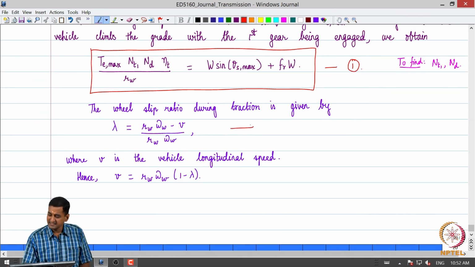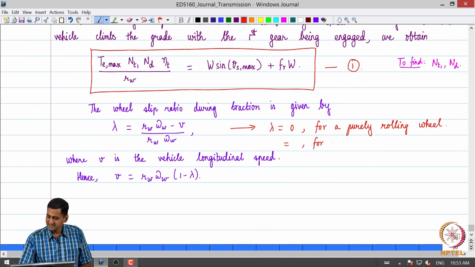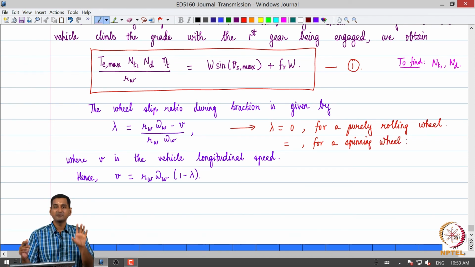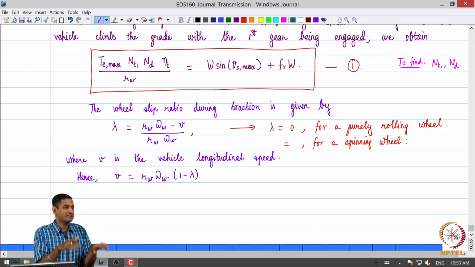We can immediately see that lambda is equal to 0 for a purely rolling wheel. If the wheel is exhibiting a pure roll motion, lambda is 0. Now, what do you think lambda is for a spinning wheel? Imagine that a driven wheel is caught in a pothole full of mud and you press the accelerator pedal; the wheel keeps on spinning but the vehicle hardly moves.